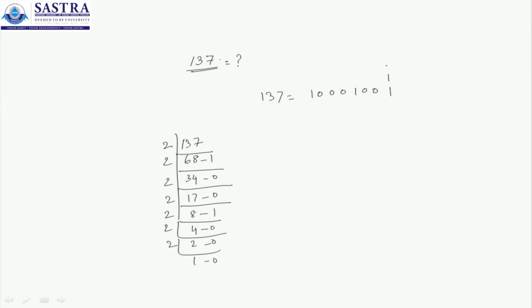You can check like this. The place values are 1, 2, 4, 8, 16, 32, 64, 128. So 128 plus 8 is 136, plus 1 is 137, right? Now these 3 bits are considered as tag bits, these 2 bits are considered as line, and these 3 are considered as word.